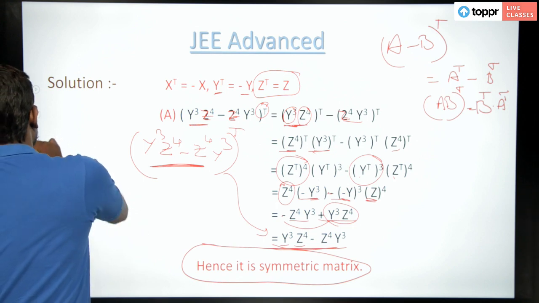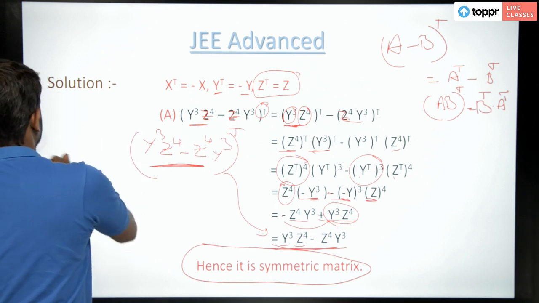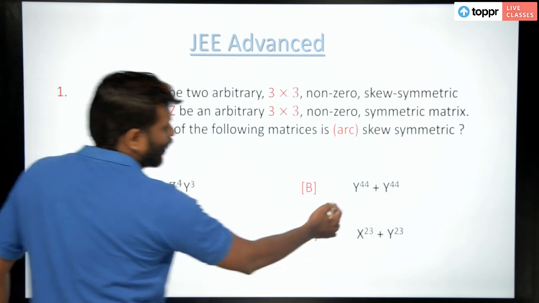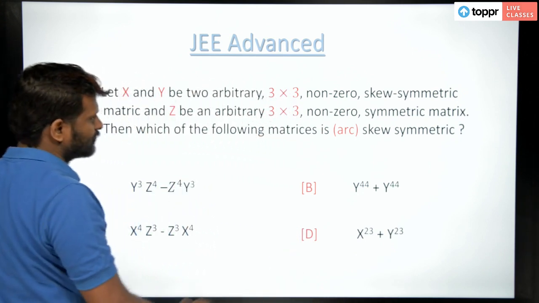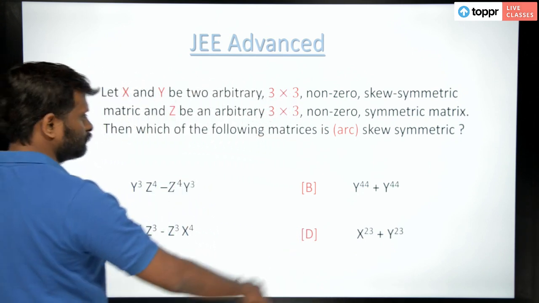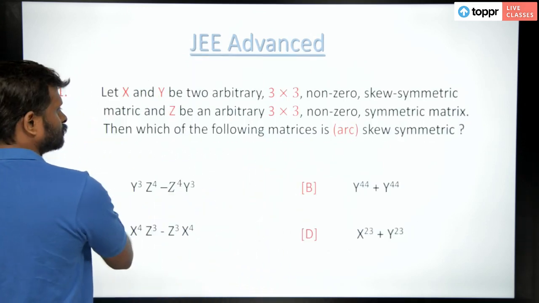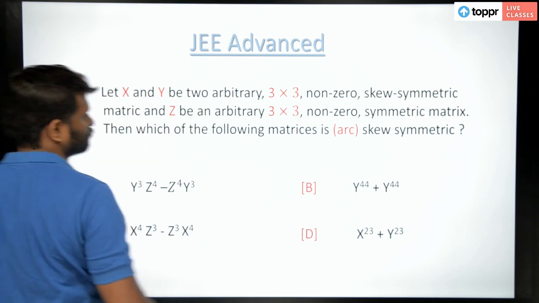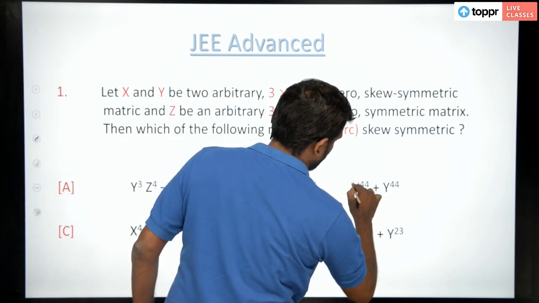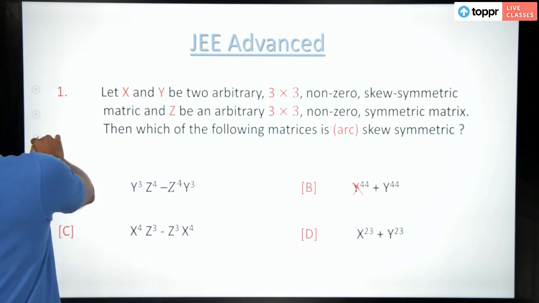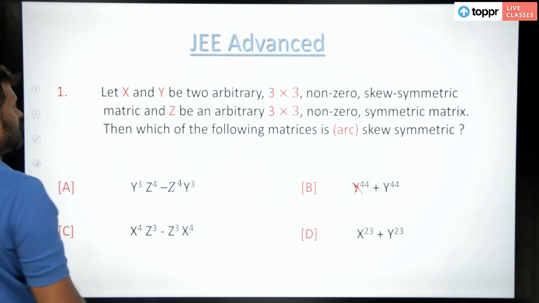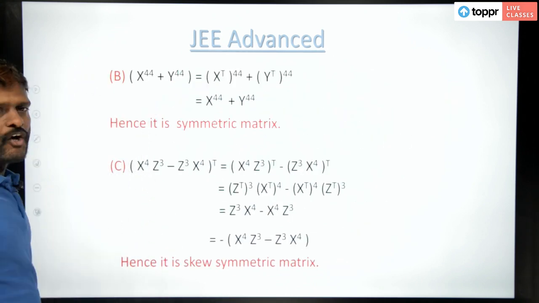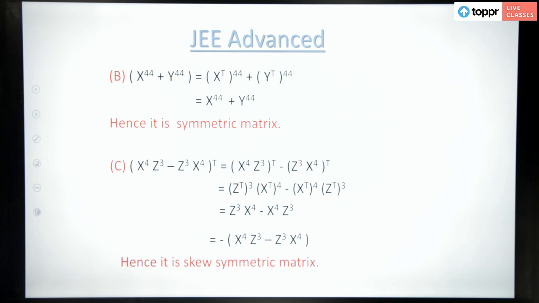Now let us look at the second option. What is the second option? Y power 44 plus x power 44, or x power 44 plus y power 44. So let us take that option. This is the second option which we are taking, right, x power 44 plus y power 44.